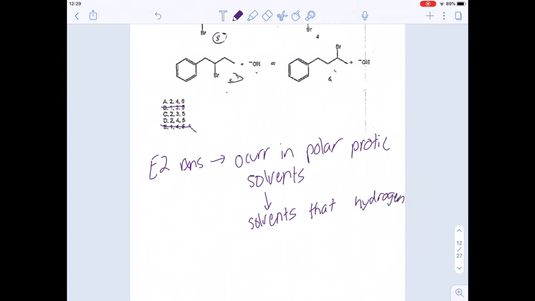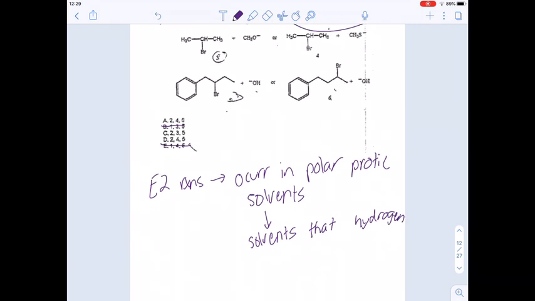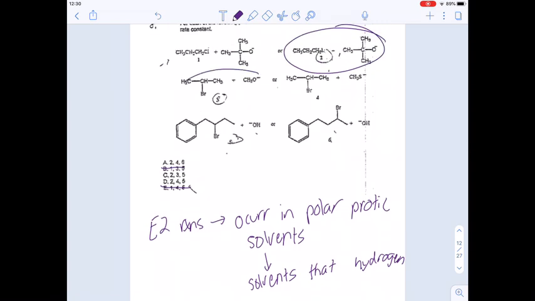So what does that mean? These are solvents that hydrogen bond. And as we remember, a lot of times when you're using polar protic solvents, your nucleophile is also going to be your solvent. The only one of these that's polar protic is the CH3O minus. So for that reason, although CH3S is generally a better nucleophile, in a polar protic solvent you want something that can H bond and is going to work well with water.